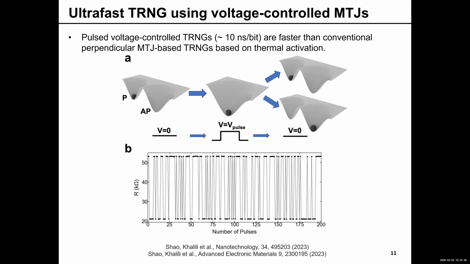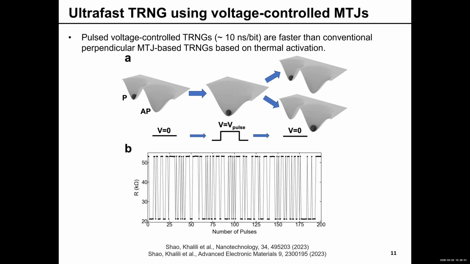The nice thing about it is that there are two things that are nice about it. One is that it's very fast. These entire dynamics happen on the order of a few nanoseconds. And so you can fairly easily get a new random bit from a single MTJ every, say, 5 to 10 nanoseconds or so. And these are very compact devices.